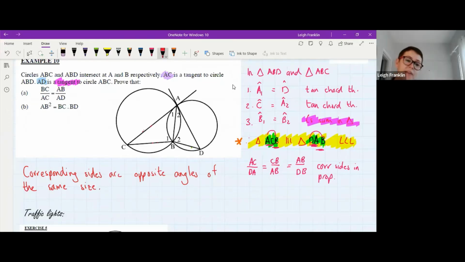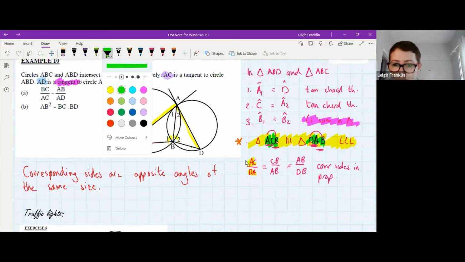Okay, so we say that sides correspond when they're opposite angles that are equal to one another, right? So the reason that side AC and DA correspond with one another, here's AC, all right? Here's DA, all right? They correspond with one another because B1 and B2 are equal.